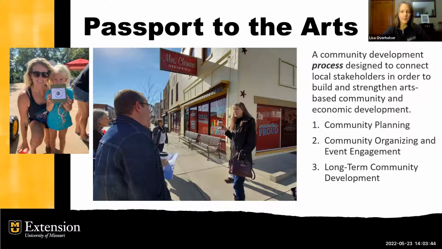One is the initial community planning, where we get stakeholders together. The second is community organizing and event engagement, where we have an arts event designed to gather input from the community. And then we have long-term community development based on those results. So that's in a nutshell what Passport to the Arts is.